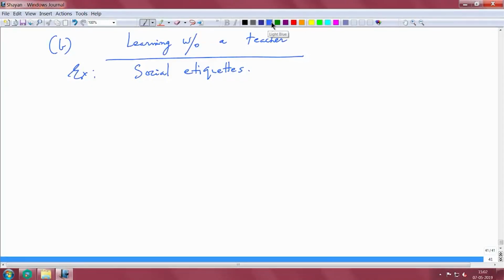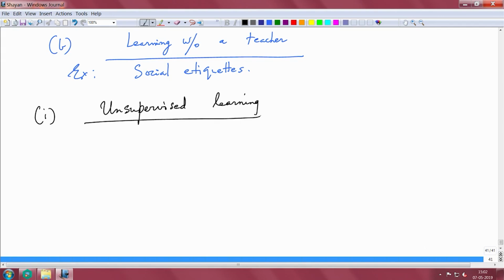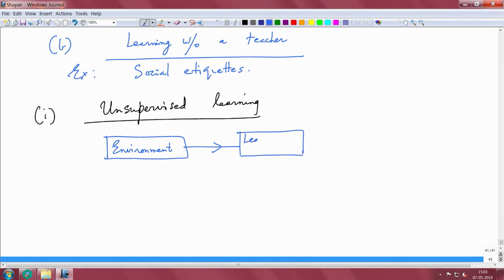So, what happens in unsupervised learning? We have an environment, and from the environment possibly we extract some feature vectors and we feed this to a learning system, right.